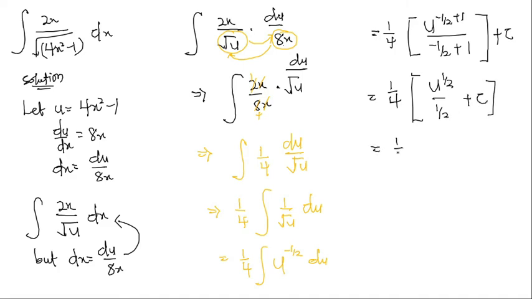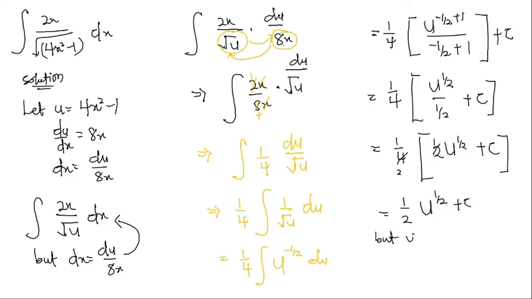If I bring this to the top, it becomes 2. So 1 over 4 multiplied by 2, the 2 going to itself 1, it will go here 2. So we have 1 over 2 u raised to the power half plus c.